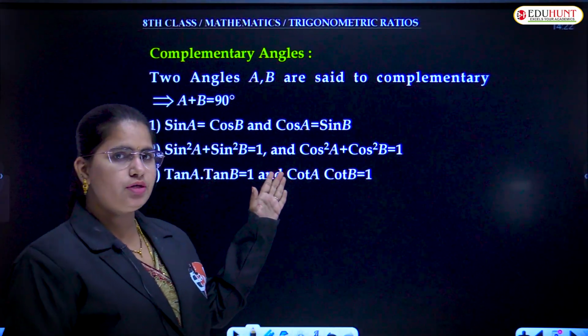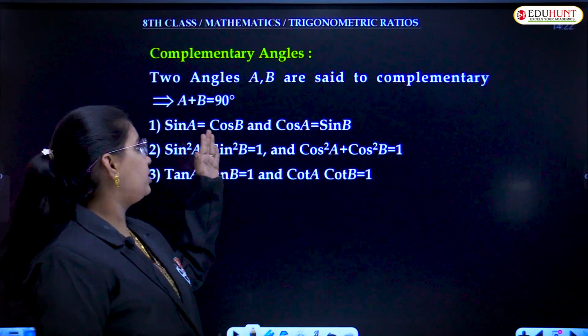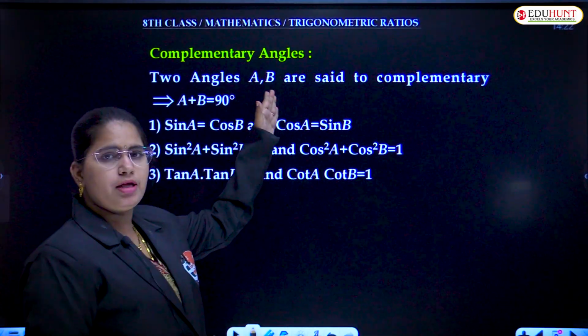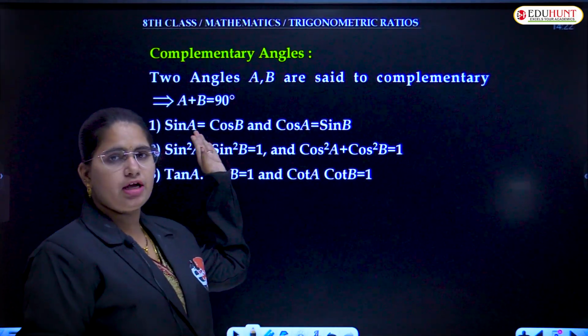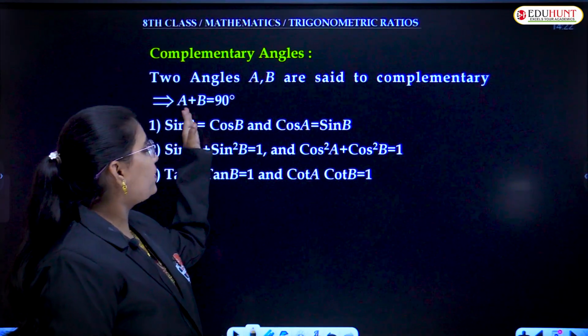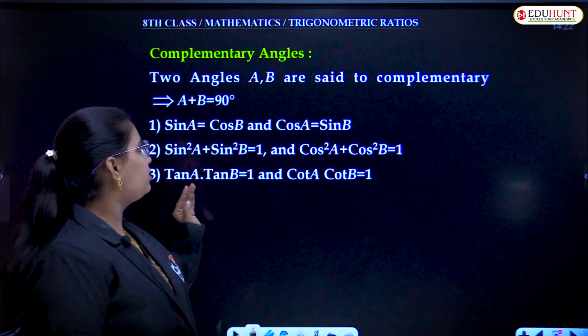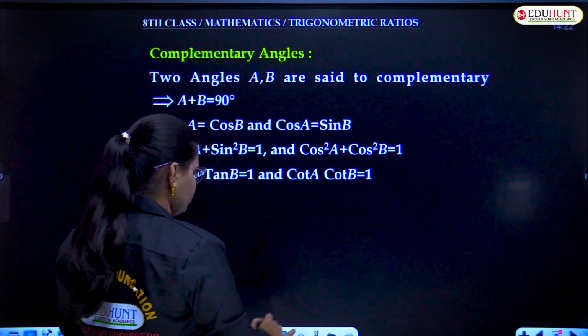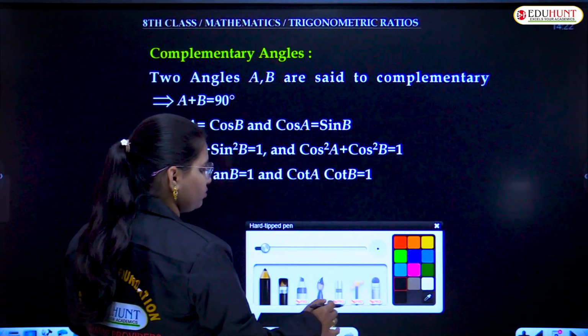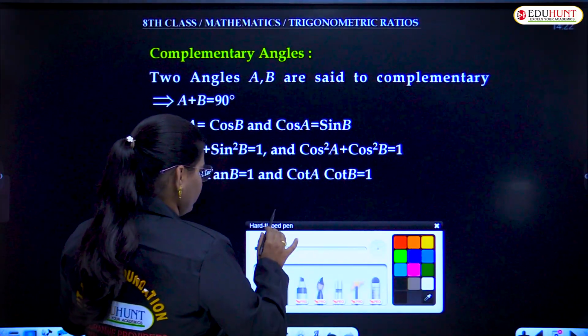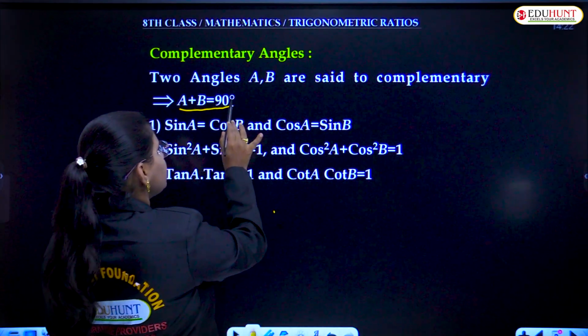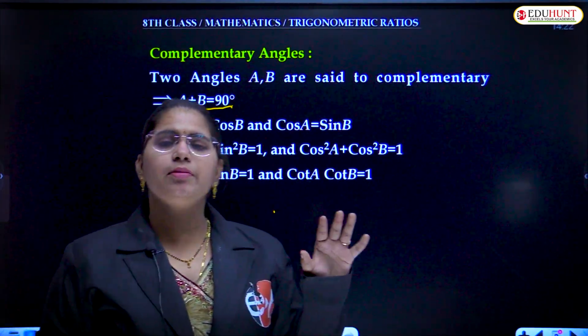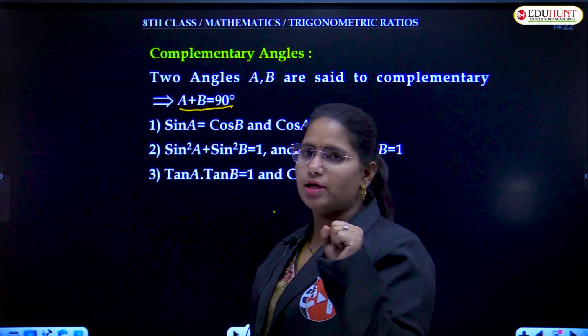Let's get back to the definition. Two angles A and B are said to be complementary if A plus B is equal to 90 degrees. Then A and B are called complementary angles.